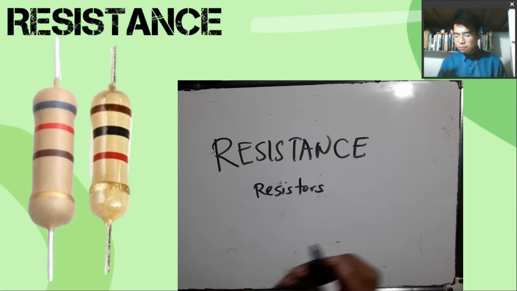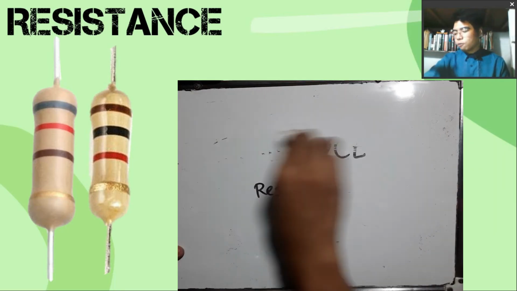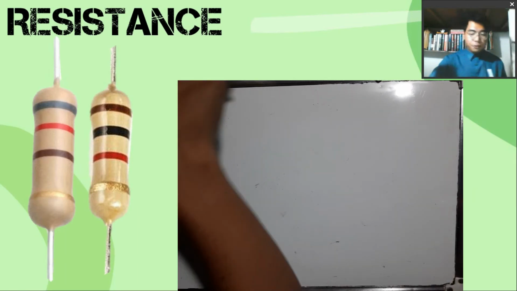Some of them will be just like this size, while some will be larger, thinner or thicker depending upon the manufacturing and the type of resistance present on every single resistor. Now, these resistors have different capacities to resist the current flow.